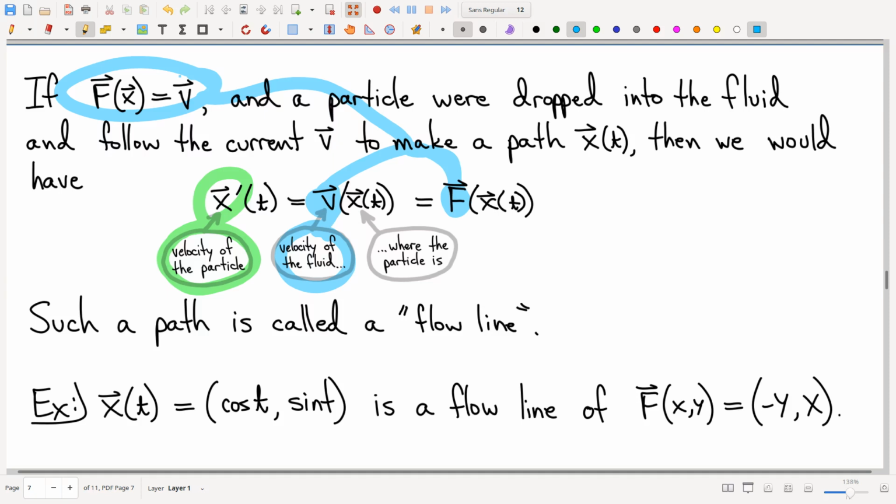That's got nothing to do with what this particle is doing. So the velocity of the particle at the location where the particle is. Right? And if we're describing its location with a parametric curve, then that parametric curve is its location. So there you go, and the nice punchline is we end up with what's called a system of differential equations.